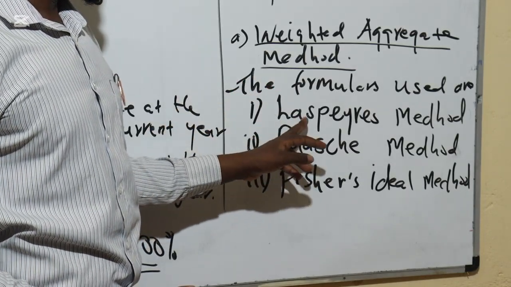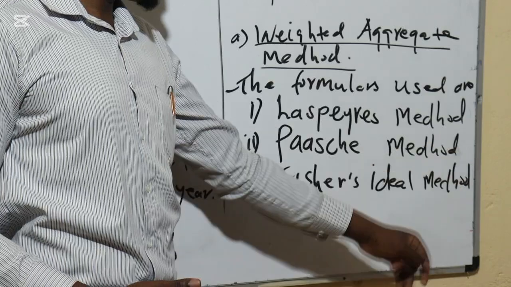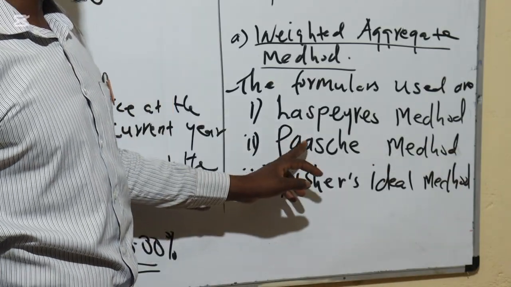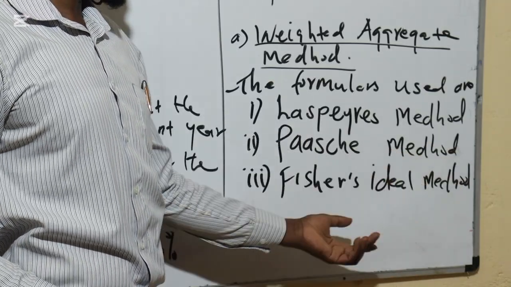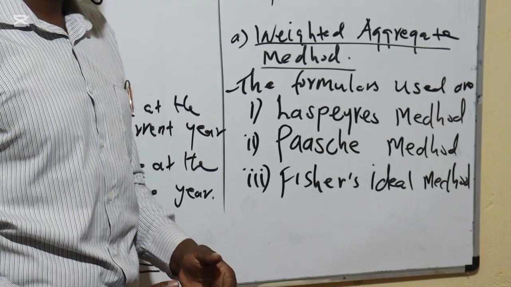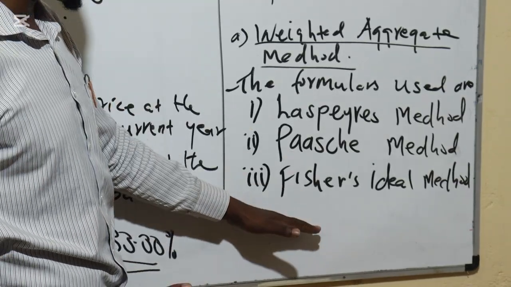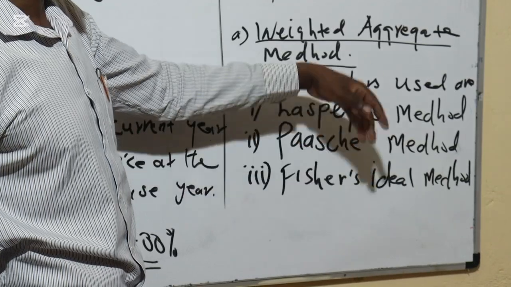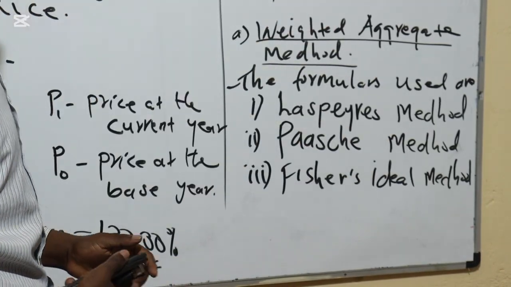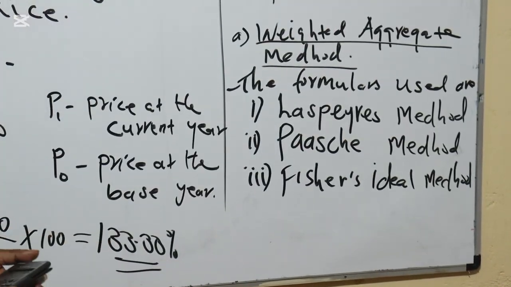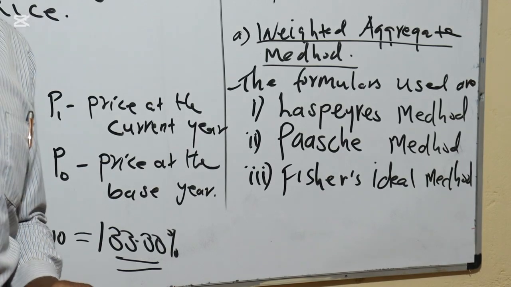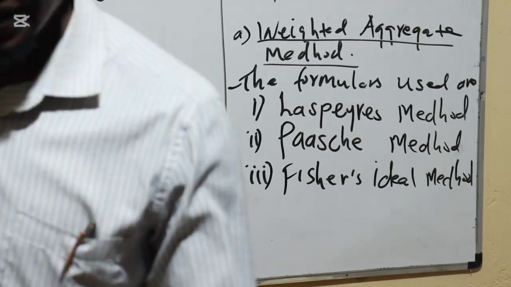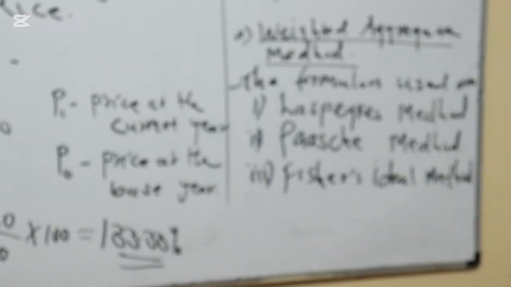So the Laspeyres method, the Paasche method and the Fisher's ideal method. These are the formulas we are going to discuss when constructing our weighted index number. Let us start with the first method, which is the Laspeyres method.